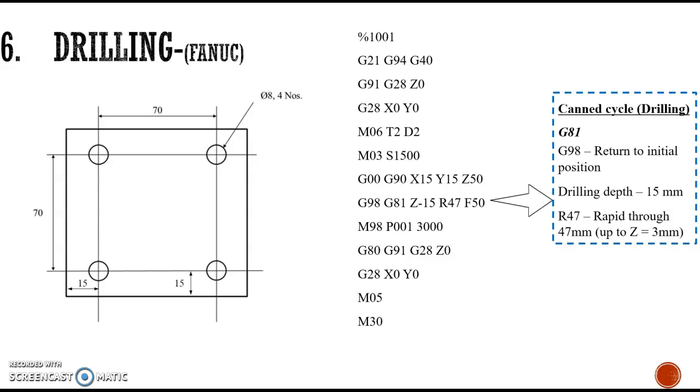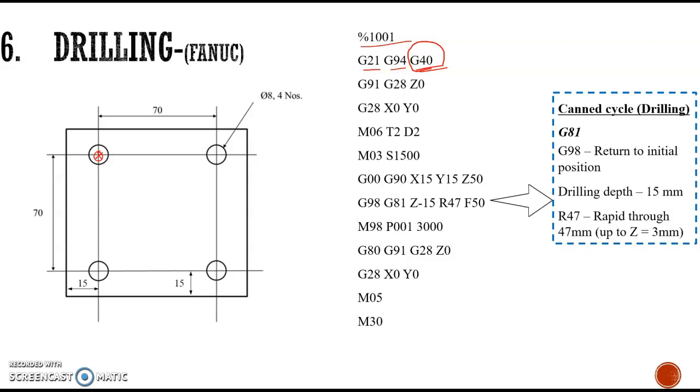So let's start with the main program. The main program number is 1001. It is percentage 1001. Then G21 as usual, G74, and G40 is given. Here G40 is used to cancel the cutter radius compensation, because drilling means the center of the drill should exactly match with the center point where the drill has to be done.